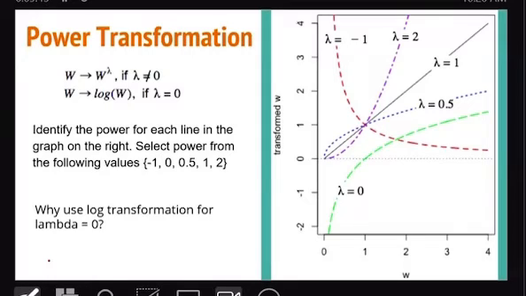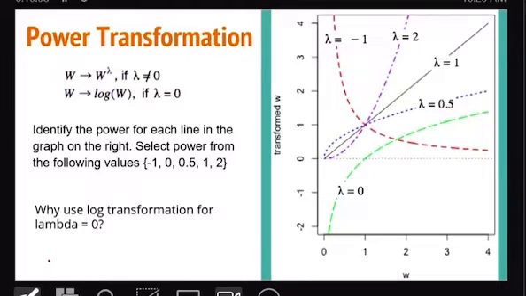If you take a look at what I'm plotting here, I'm plotting the transformed W against the original W. I'm trying to say when lambda equals that value, that is the shape you are going to see.